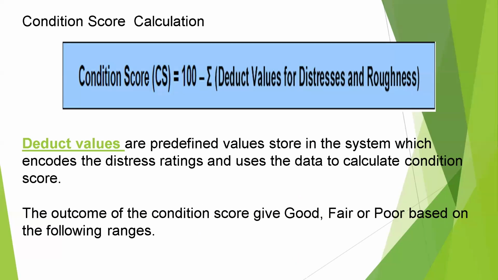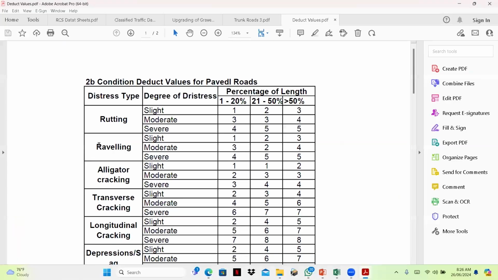The deduct values are encoded, but they are weighted values based on what you pick. This is a typical example of deduct values, as in the virtual memory. For example, rutting: 1, 2, 3, 4, 5, 6. These are the deduct values.